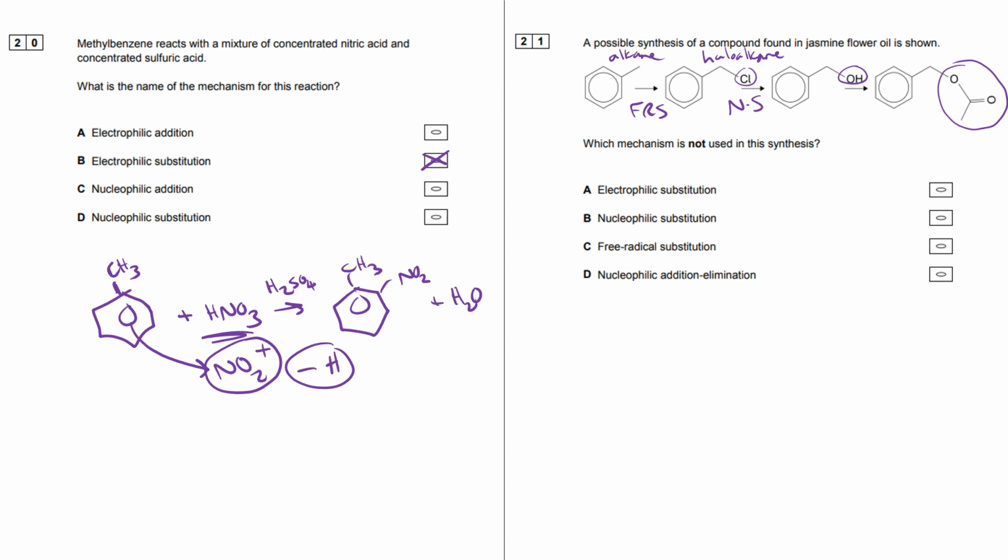And when you form an ester, that occurs via nucleophilic addition elimination. So free radical substitution occurs in step 1, then nucleophilic substitution, then nucleophilic addition elimination. There is no electrophilic substitution. There is nothing being added to the benzene ring. So this mechanism doesn't occur.